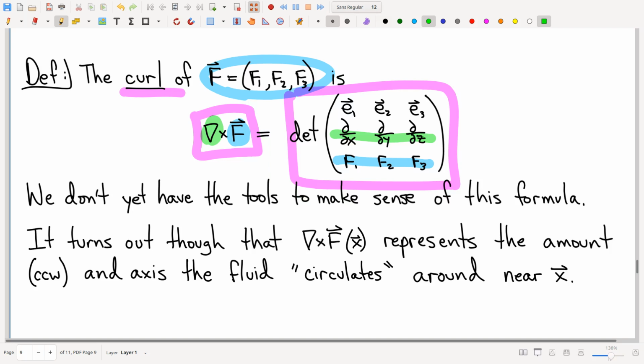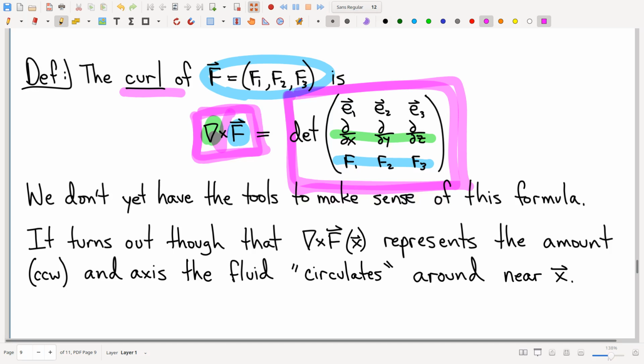So if I were to ignore certain rules, this is just literally what the cross product of those two things should be. And we call that curl.